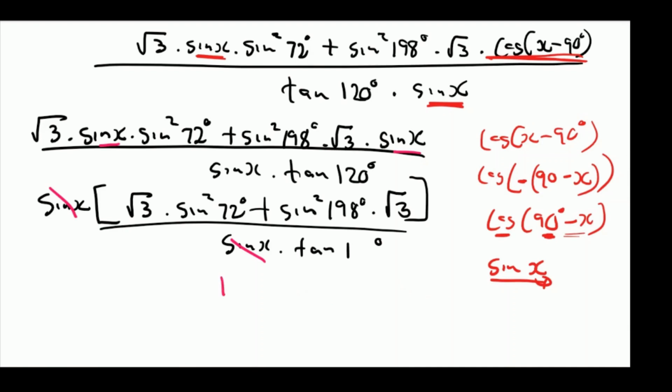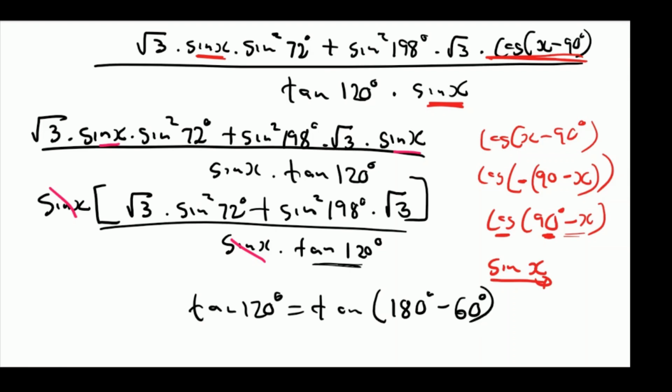Another thing that we need to note now is we're having tan of 120 degrees here at the bottom. If we were to reduce this, tan of 120 degrees is equal to tan of 180 degrees minus 60 degrees, right?